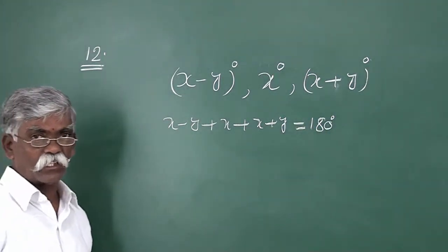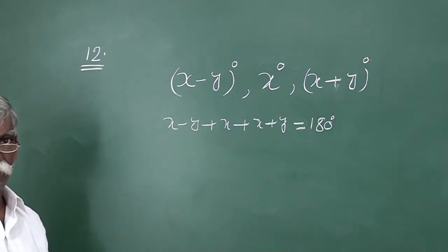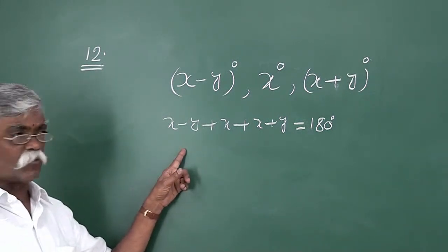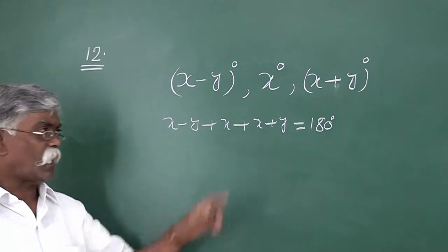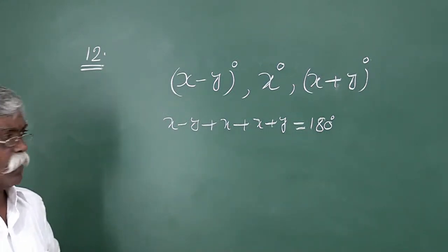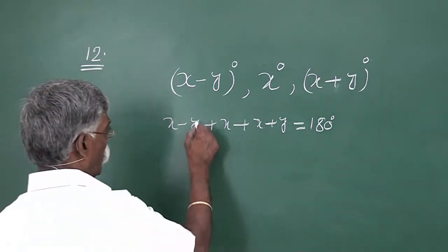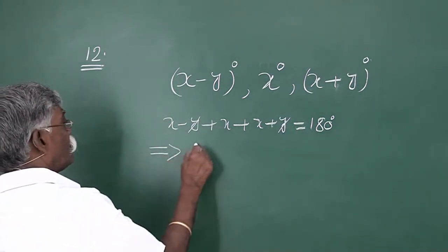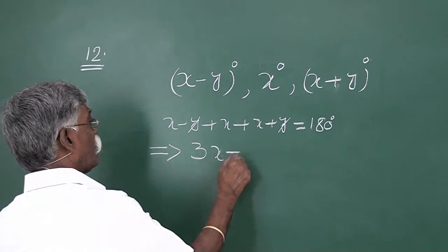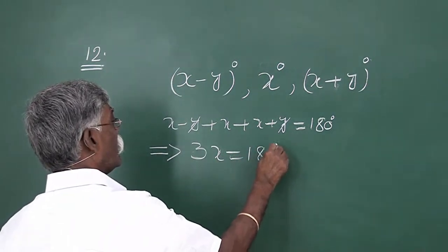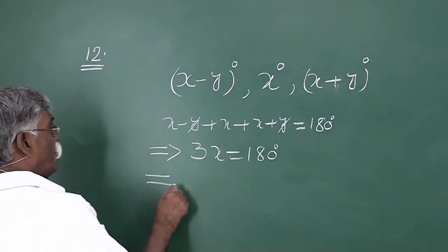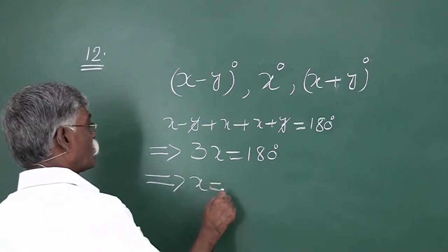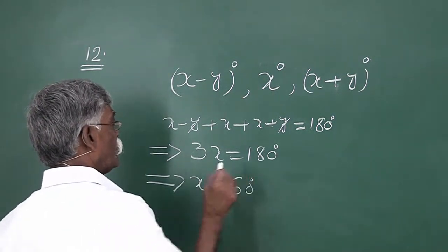Sum of the three angles of a triangle is 180 degrees. Therefore, x minus y plus x plus x plus y is equal to 180 degrees. Y and y get cancelled. This implies 3x is equal to 180 degrees, and this implies x is equal to 60 degrees.